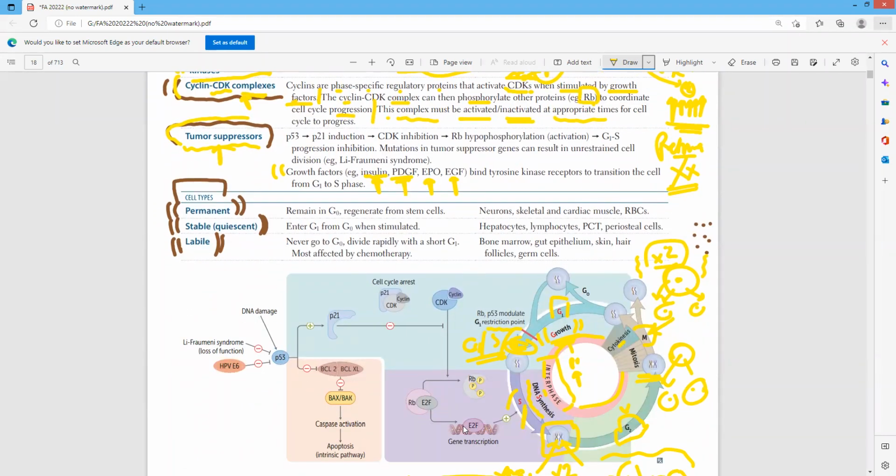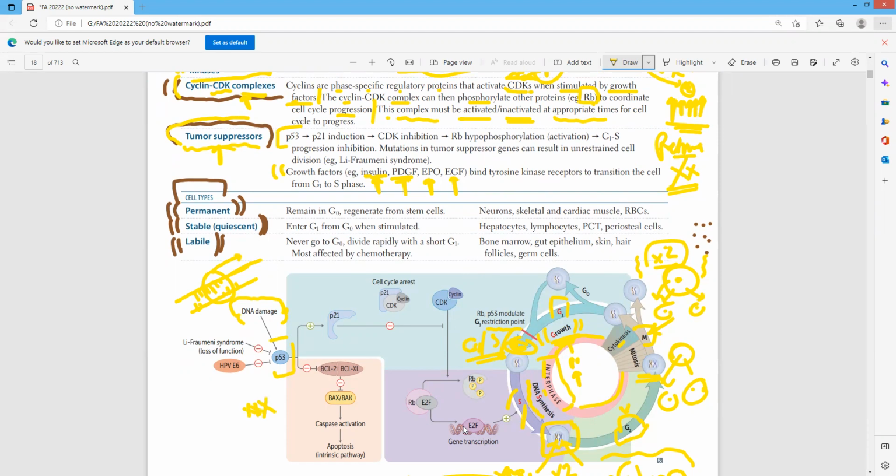We have P53, which is called the policeman of the cell. When we find any DNA damage, like a damage in a gene, you will have a damage in the DNA. So it should undergo apoptosis.